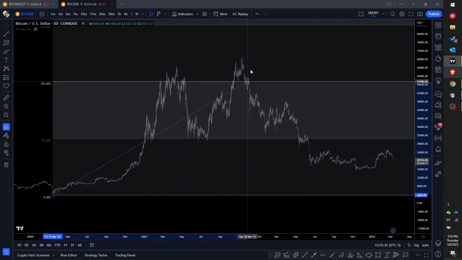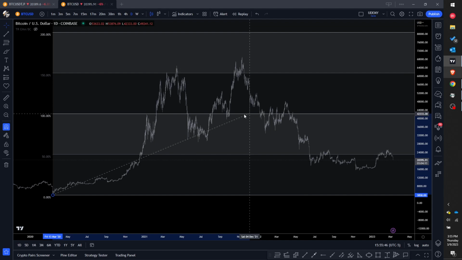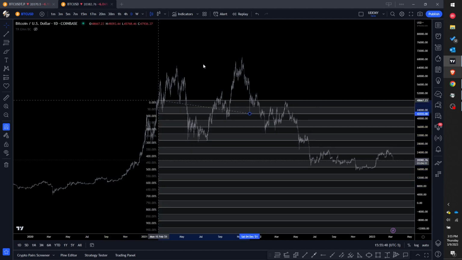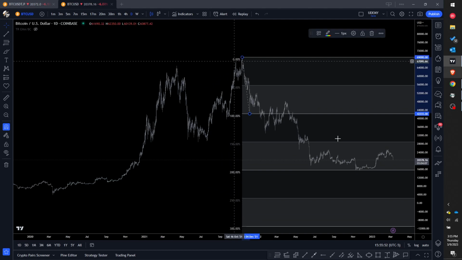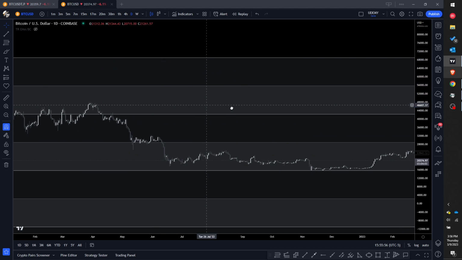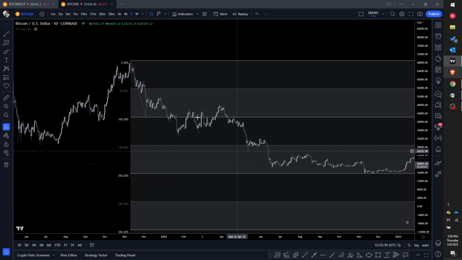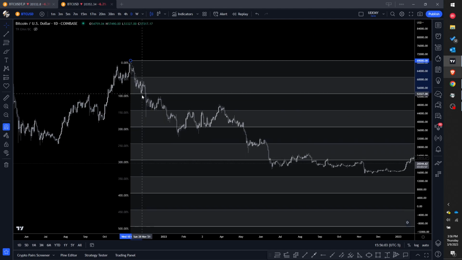So let's move this over here, and that might be too big of a measurement. I mean, yeah, there's some confluence there, but we could probably get even better if we only use the first move.